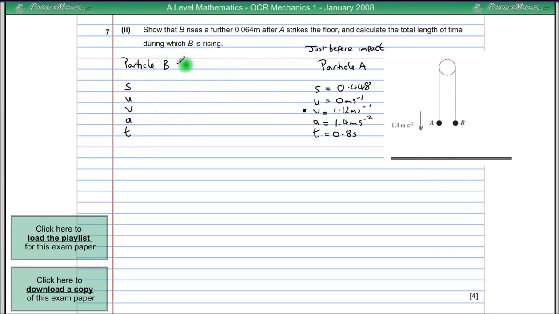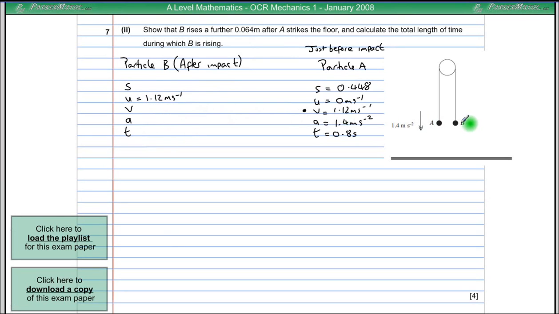So here we're going to be looking at what happens after impact. So at the instant of impact, we know that B is going to be moving with a speed of 1.12 meters per second. So that's going to become our initial velocity.